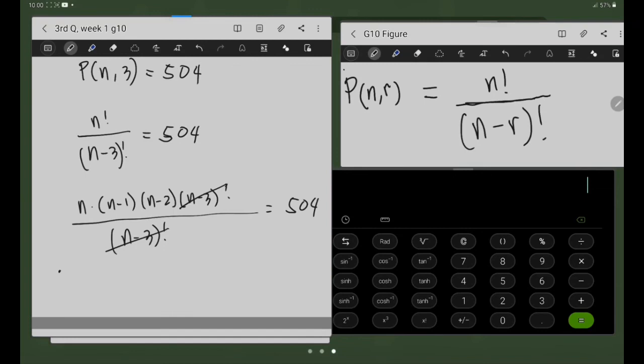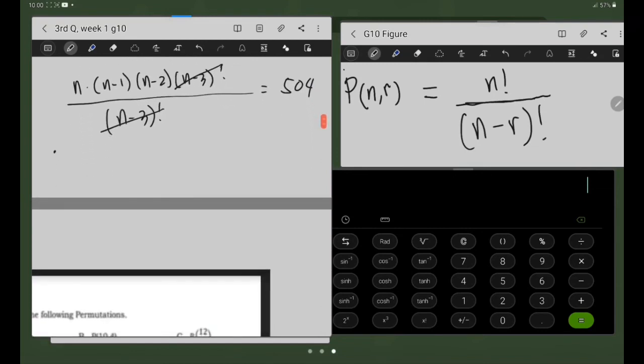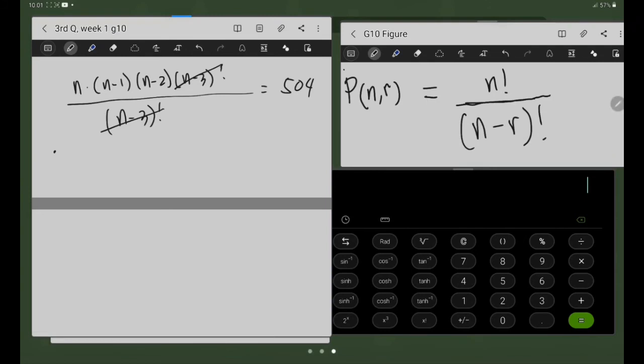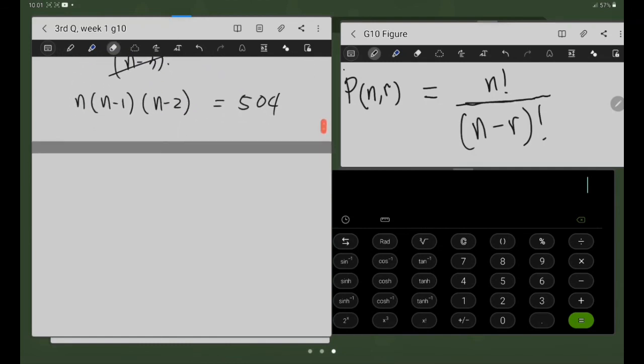So ang maiwan dyan is n times n minus 1 times n minus 2 is equal to 504. Kasi nakat na ito, so wala na. Ito yung maiwan.